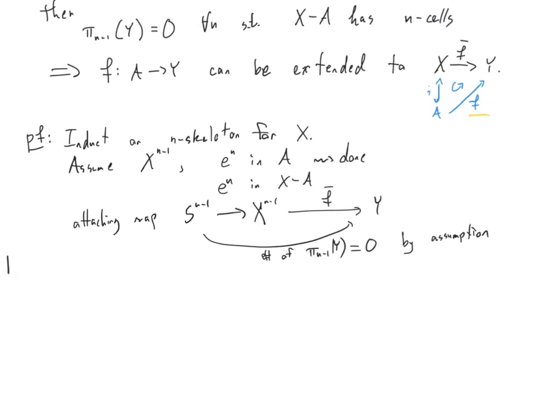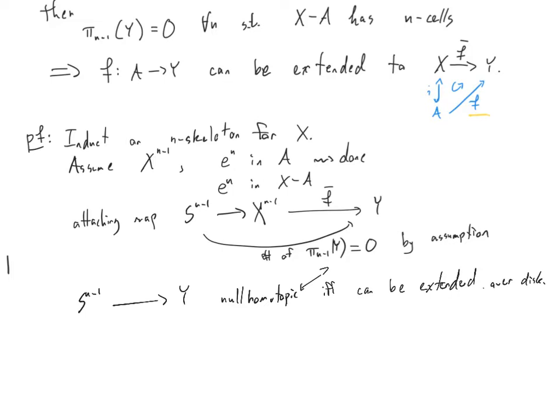Let's scroll up. So then we also know that this map is null homotopic. So S^(n-1) to Y is null homotopic, which we know it is because it's an element of the 0 group, if and only if it can be extended over the disk.